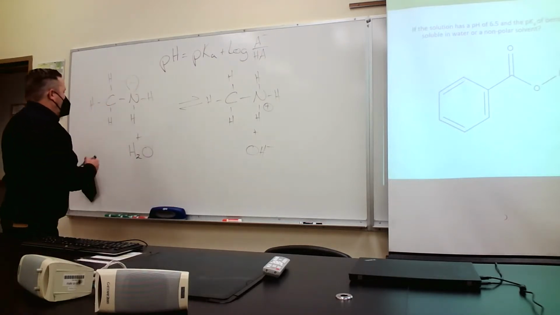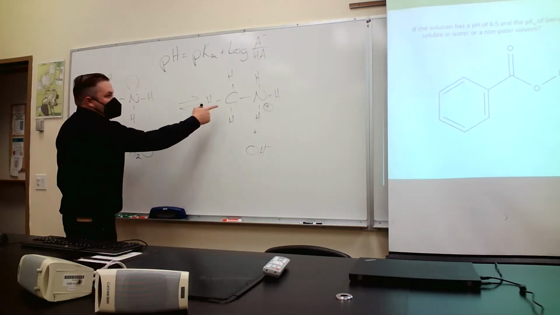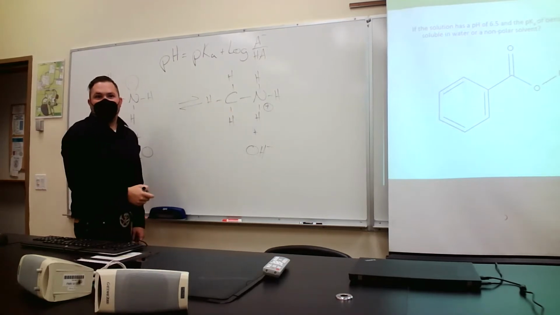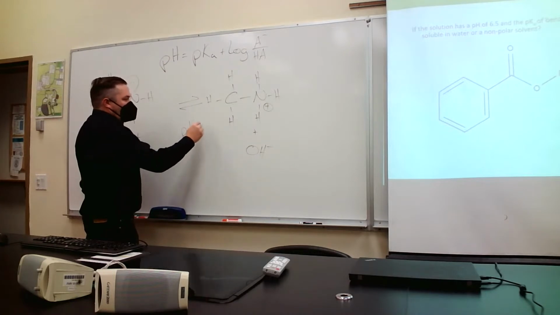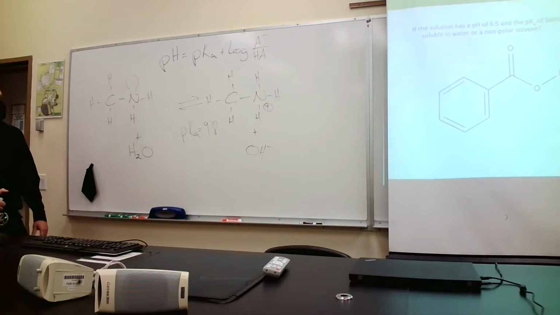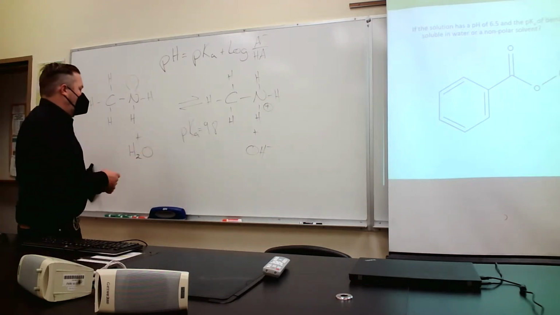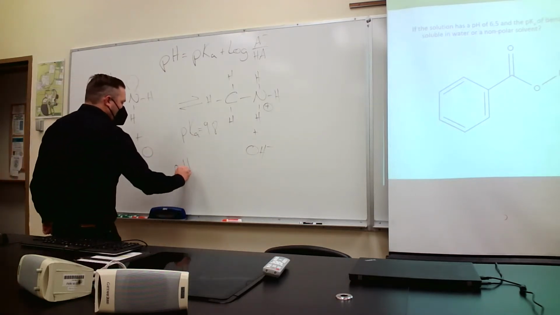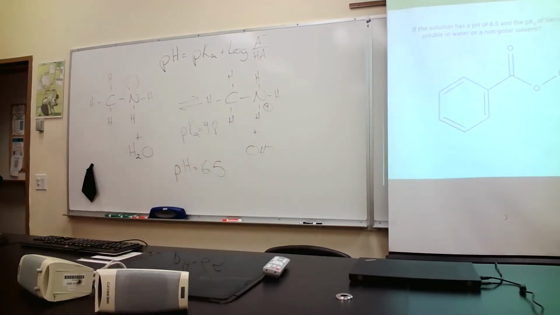So if, let's say that pKa, and really we'd be talking about the pKa for this molecule now, acting as a weak acid. Let's say pKa is 9.8. What is it going to be? And let's still say the pH of the solution is 6.5. Is more of it soluble in water or non-polar solvent?